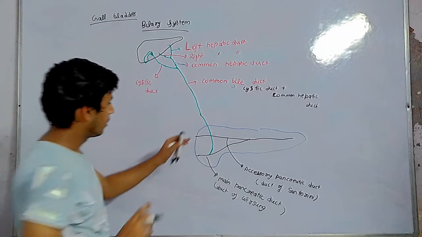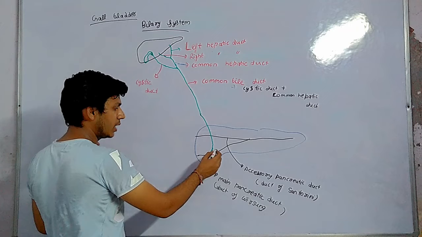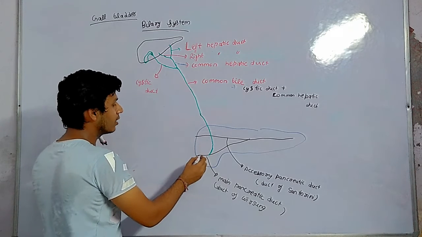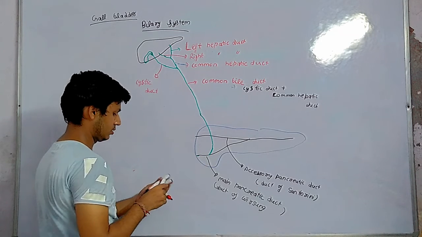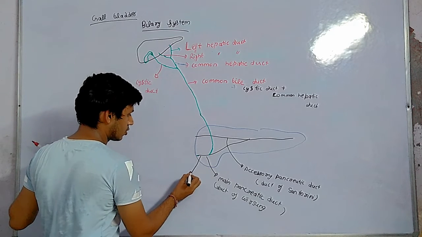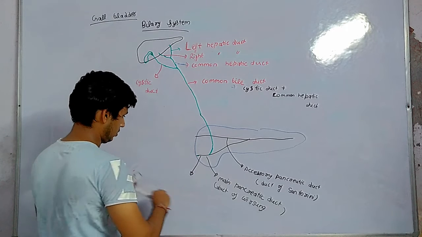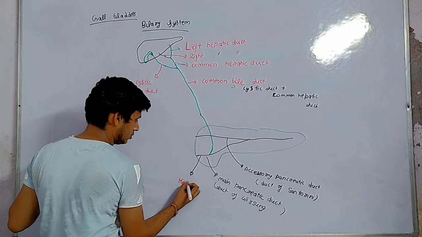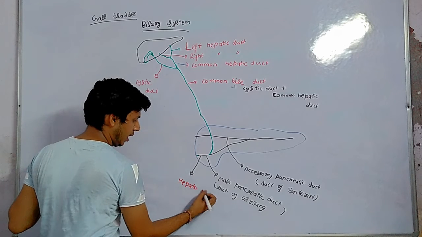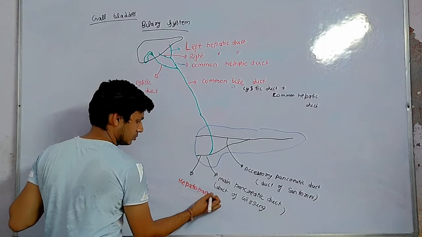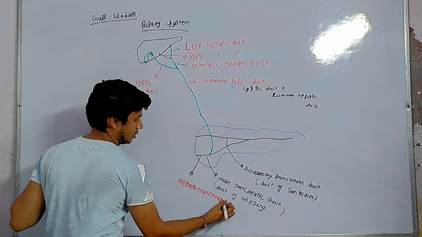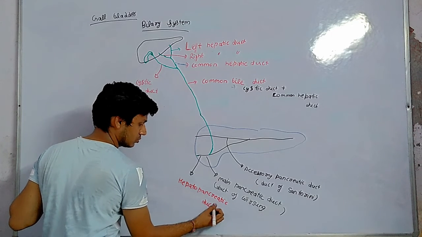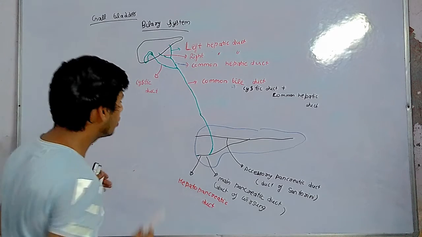This is the main pancreatic duct, this is the common bile duct, and after joining, this duct is called the hepatopancreatic duct. Now this opens into the duodenum.